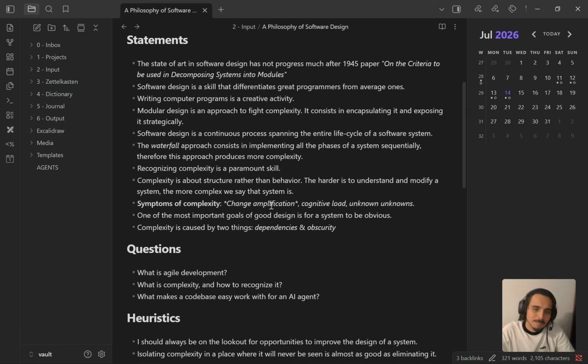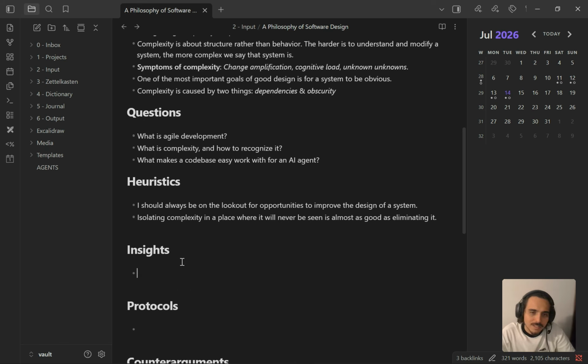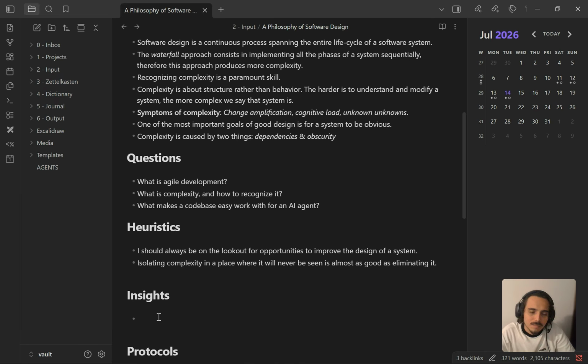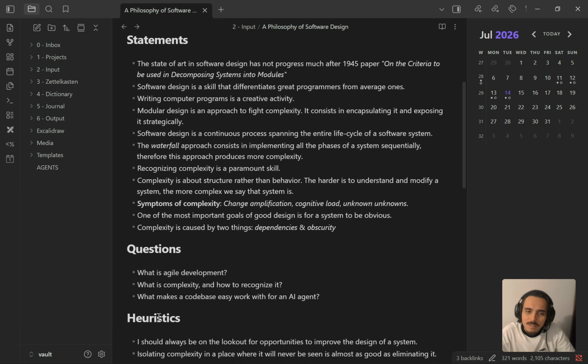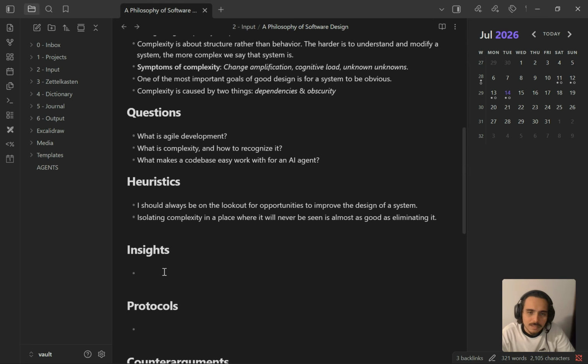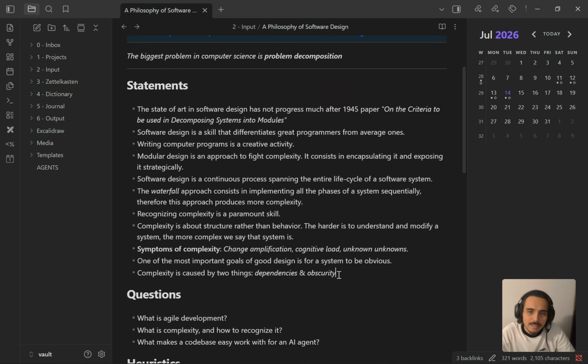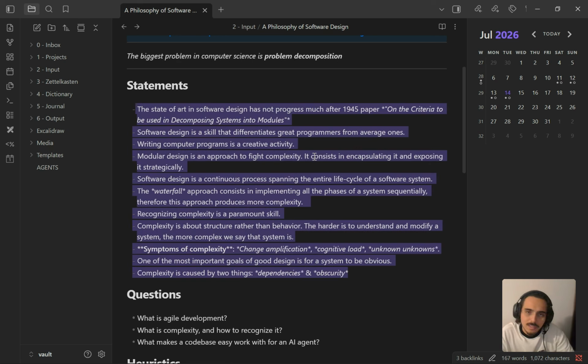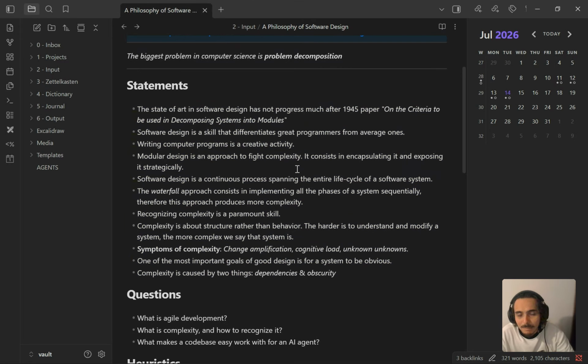Yeah, I believe I could. This section is, at least for now, the insights section. We get the statements. I mean, if you remember what I mentioned about the Zettelkasten method, that is about writing stuff in your own words. So that's kind of the spirit in this. The statements obviously are mostly extracted and restated minimally from the book.